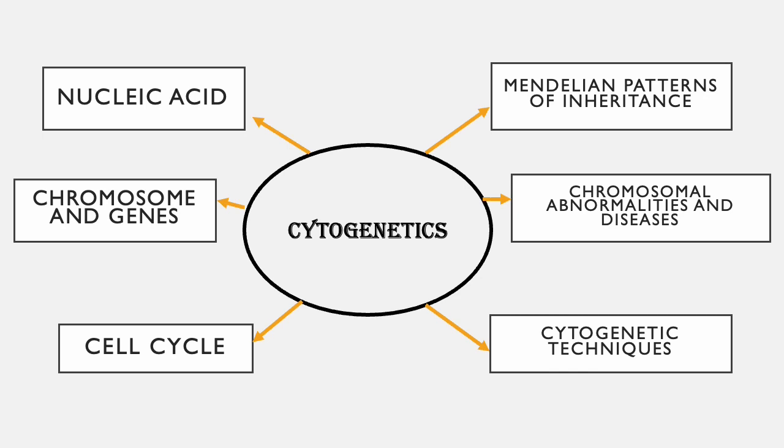We will also be studying the structure and architecture of chromosomes and the genes, how genes are placed in chromosomes. We also need to understand the cell cycle, the Mendelian patterns of inheritance, chromosomal abnormalities and diseases, as well as cytogenetic techniques. So these are the things that we'll be covering for cytogenetics.